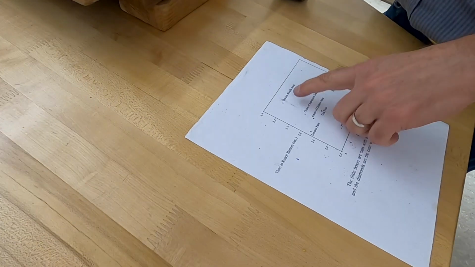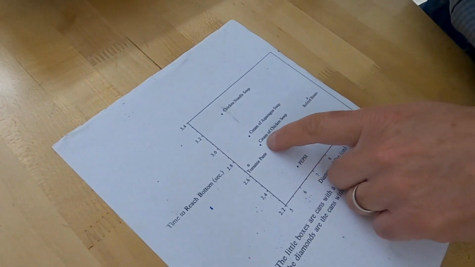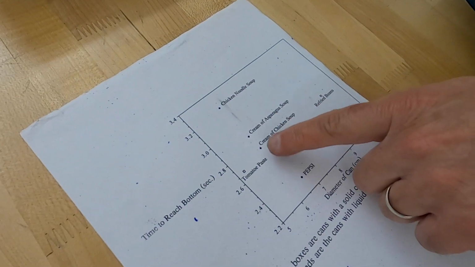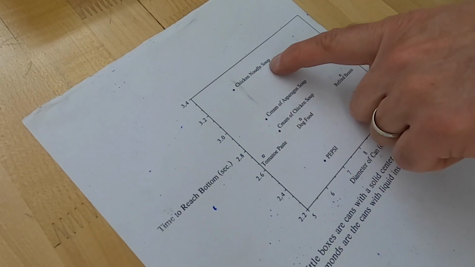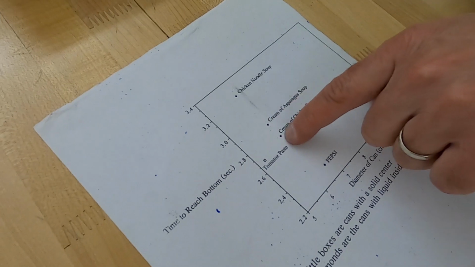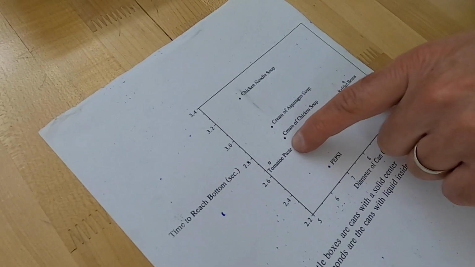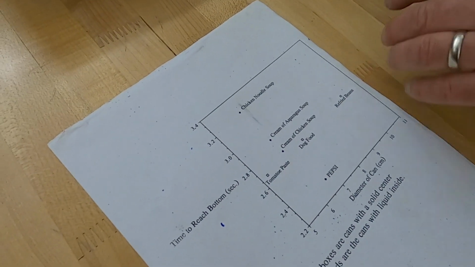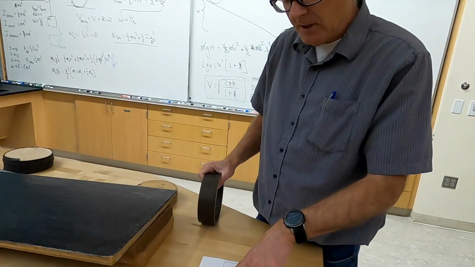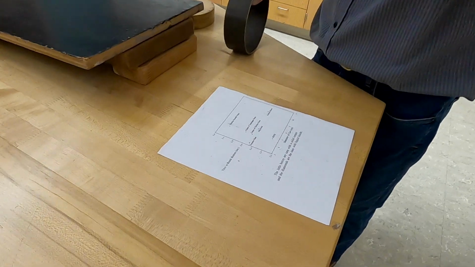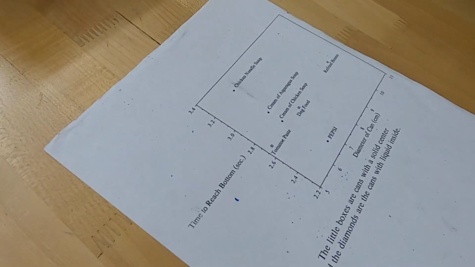And now as we keep coming down this way, you'll notice this is cream of chicken soup. That's definitely thicker than chicken noodle soup. So the soups get thicker and thicker as you come down this way. Now I've seen a commercial that says they have the thickest chili. How could you determine whether they really have the thickest chili without even opening up the can?